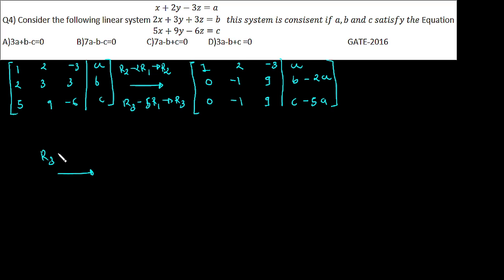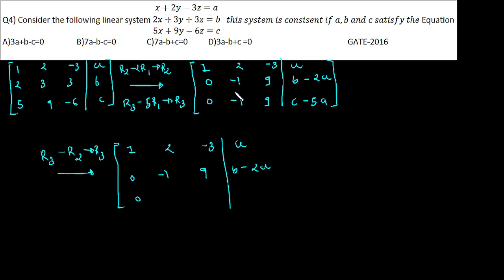Let's R3, sorry, not plus, we have to subtract. R3 minus R2 will give the new R3. So let's write again this A. We have plus 1 from the second row, we already have minus 1, so we just get 0.